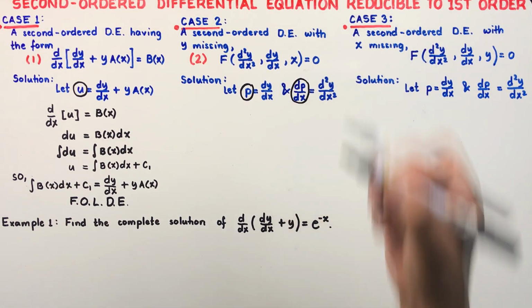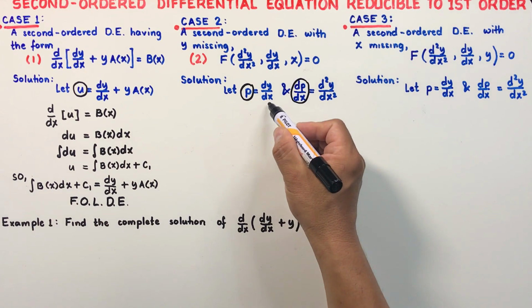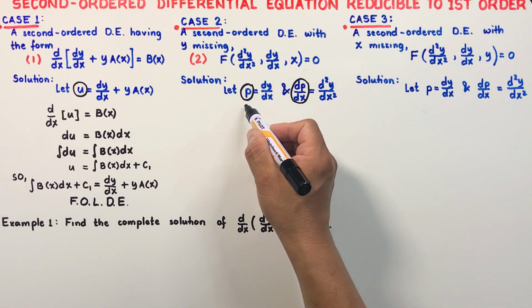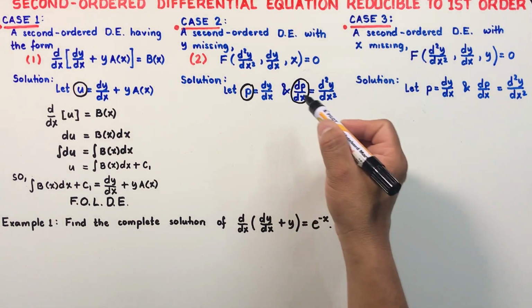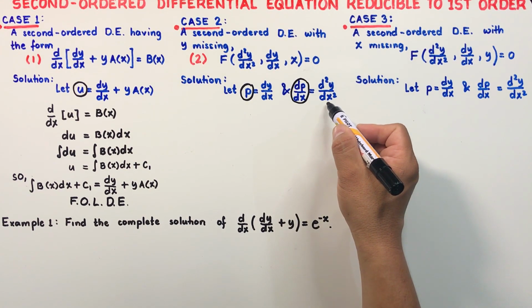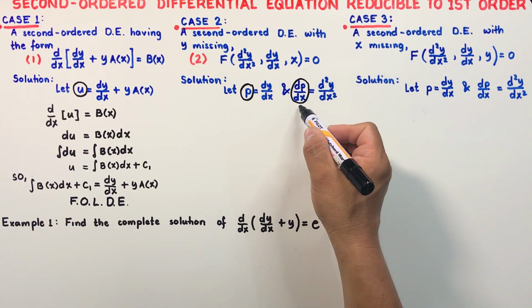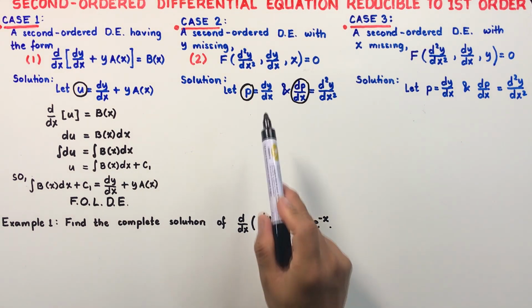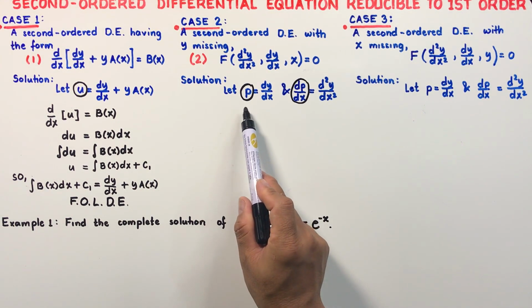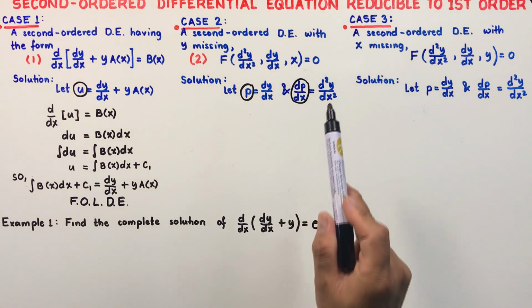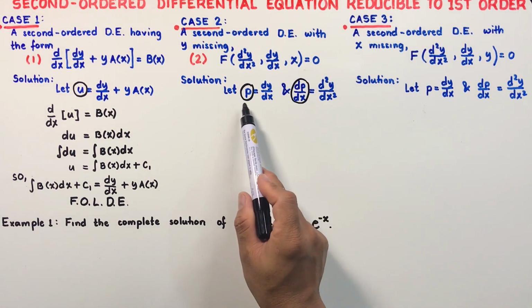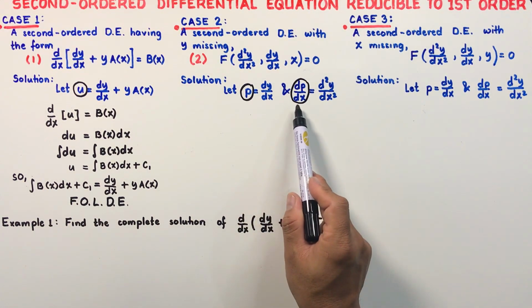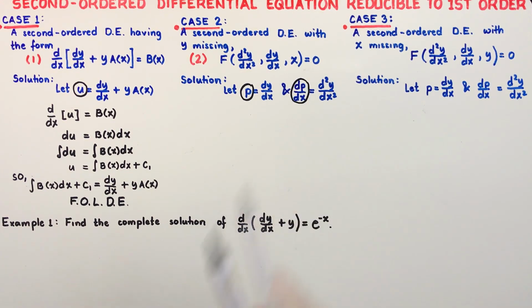So here, our first derivative is represented as a variable, and our second derivative is represented as a first derivative. The resulting differential equation is now in the form of a first derivative, because the first derivative is represented like a variable, and the second derivative, which is the derivative of the variable, is represented like a first derivative.